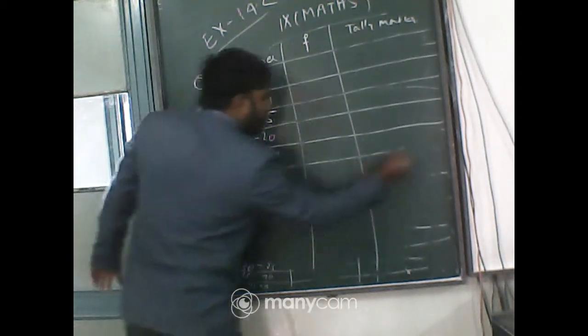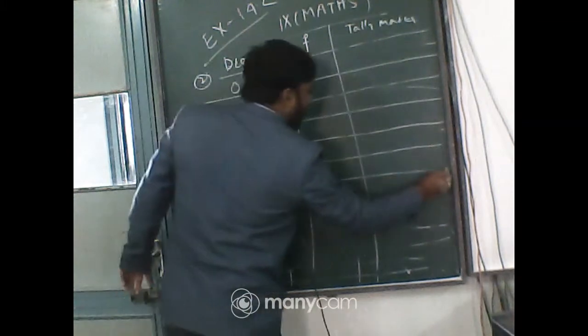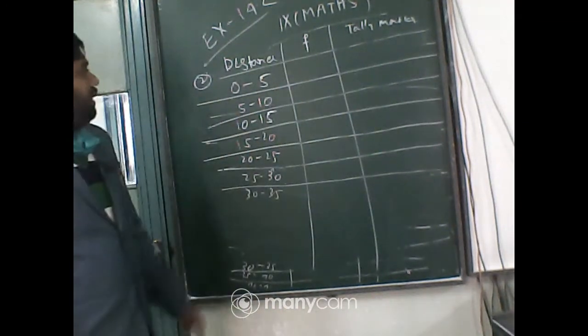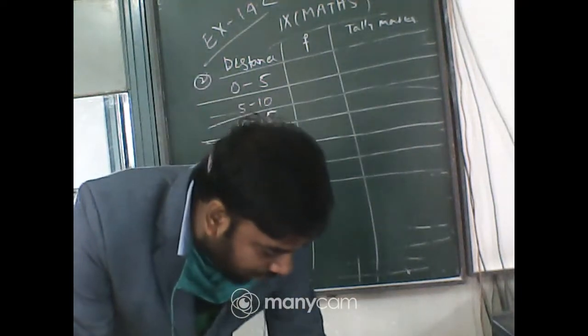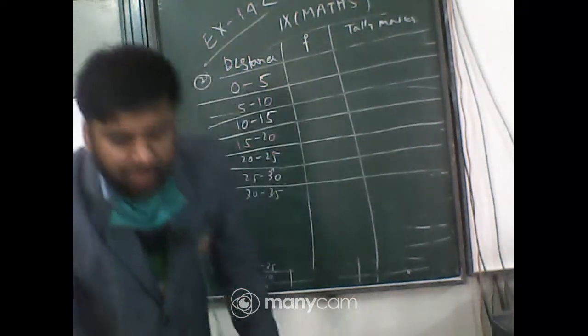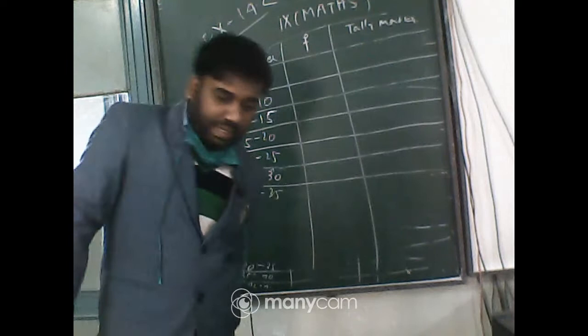Okay, just count it. How many of them have a distance between 0 to 5? Quickly count it.